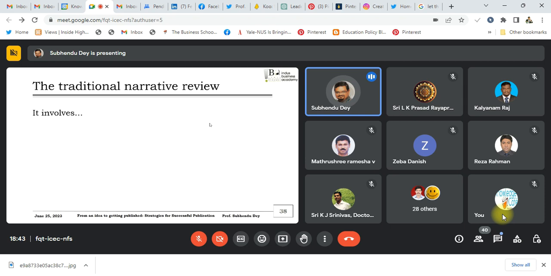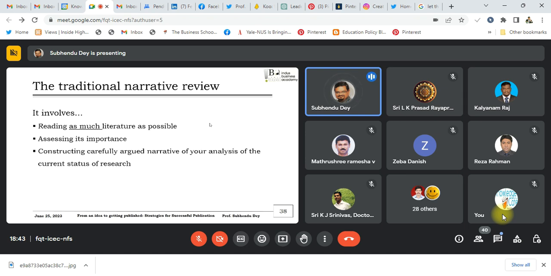Now, the traditional narrative form, as I said, involves you having to read as much literature as possible. You have to assess the importance of each of the literature that you are reading. You then have to create arguments based on what is the current state of research. So you create your own argument.